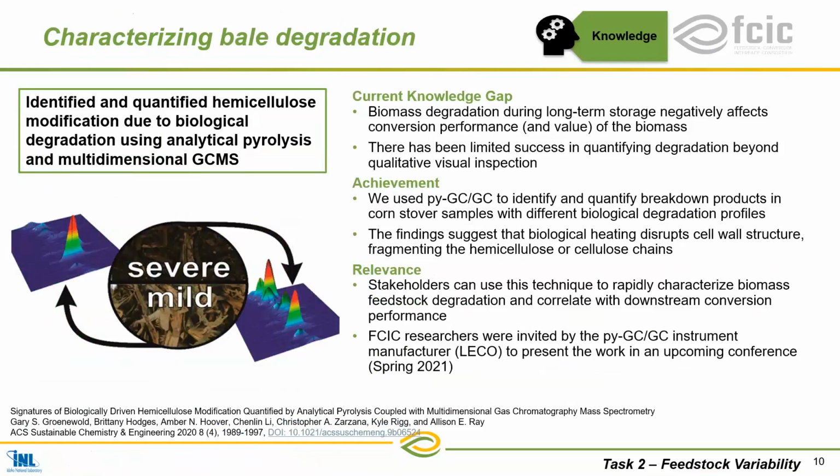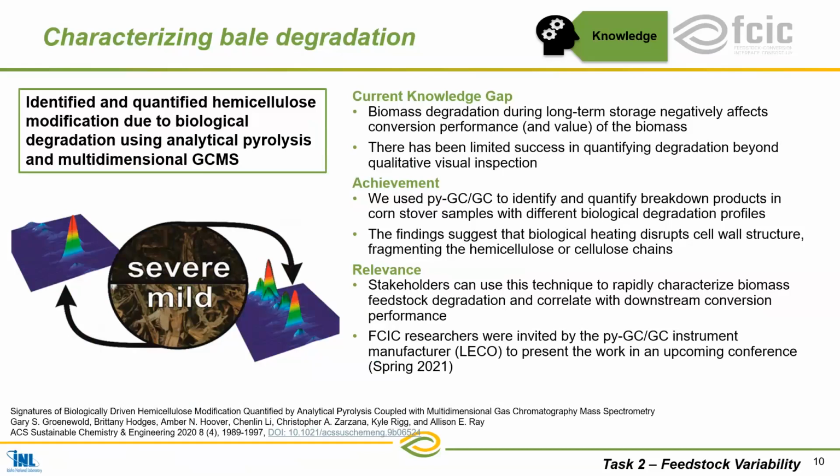So then let's move into the characterization work, some laboratory work. In this work, researchers from the feedstock variability task used an instrument called an analytical pyrolysis multidimensional GC to identify and quantify the breakdown products that are produced during the degradation of biomass, corn stover bales.